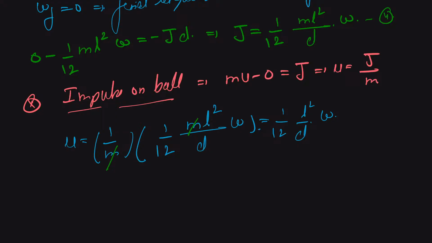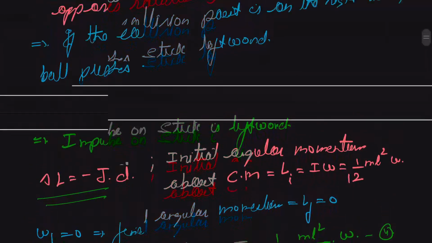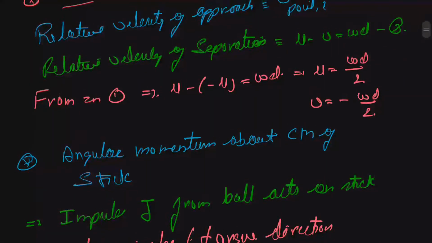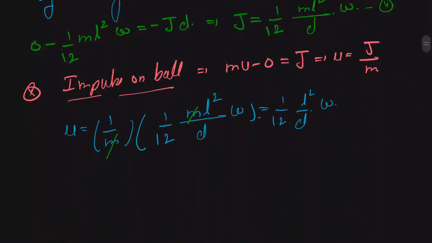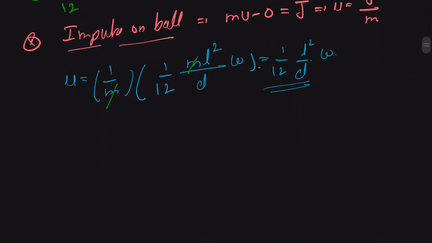And we have two equations of u and we can equate both these equations. The first equation is this, omega d by 2, and the second equation we just found out. So u is equal to omega d upon 2, which is equal to 1 upon 12 L square upon d times omega.